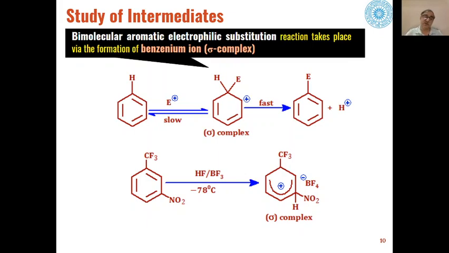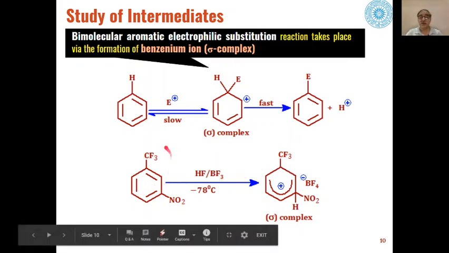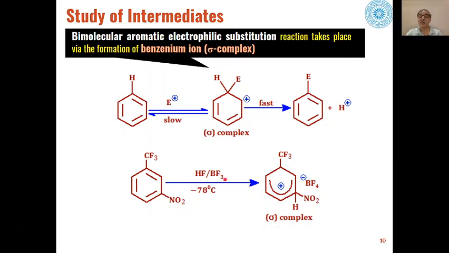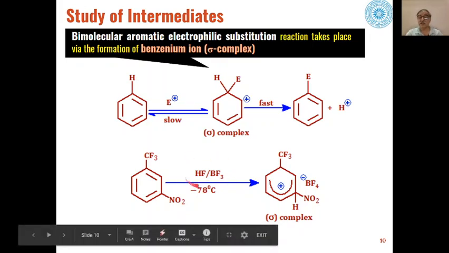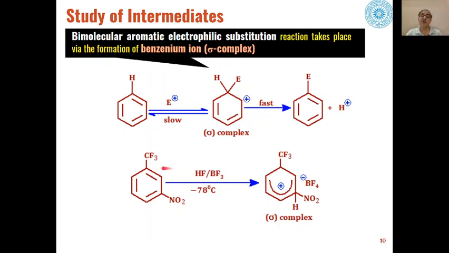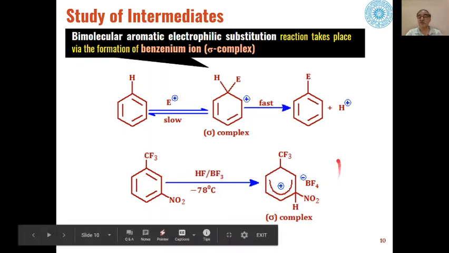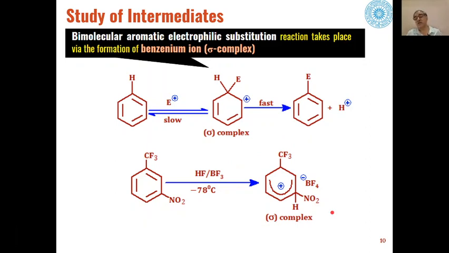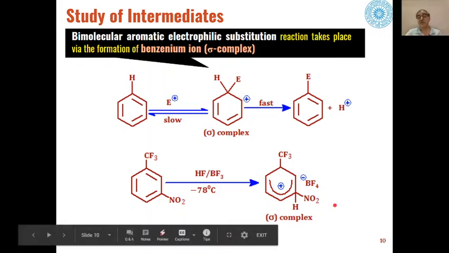And here also, when these aromatic compounds are reacted with HF and BF3, H positive will first act as the electrophile, which will add to the aromatic system, and we will get these types of sigma complexes, which have actually been isolated at very low temperature, of the order of minus 78 degree centigrade.